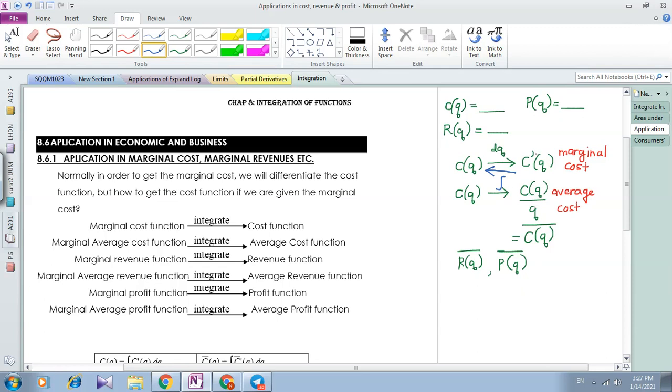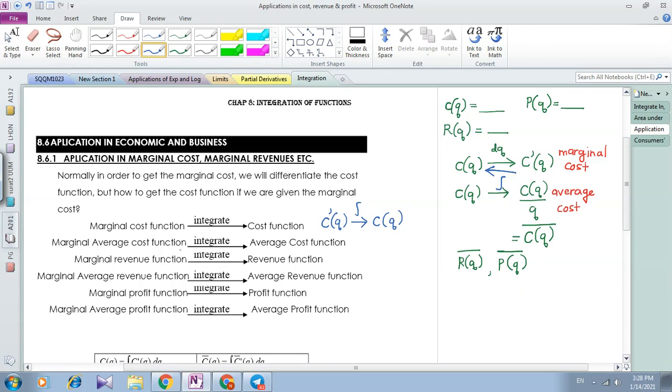When you integrate C prime, you will get the cost function. Whenever you integrate a marginal function, you will get the original function. From marginal cost, when we integrate, we will get the cost function C(Q).